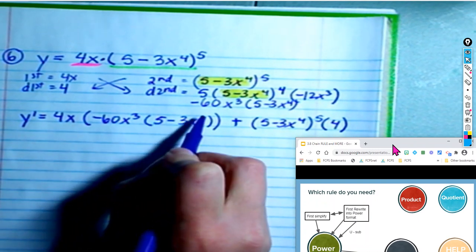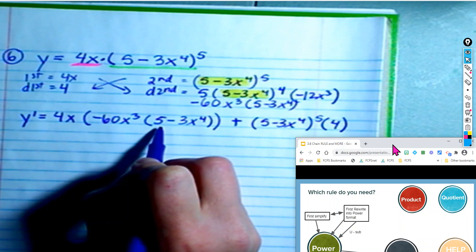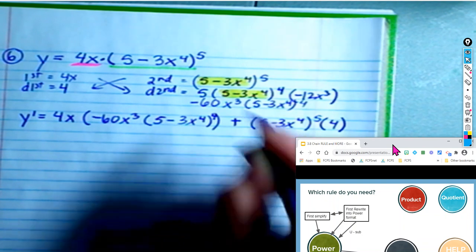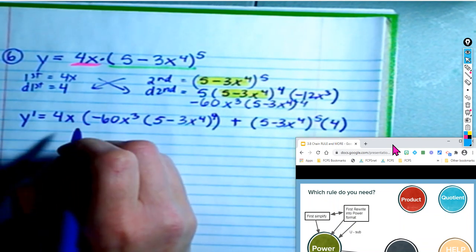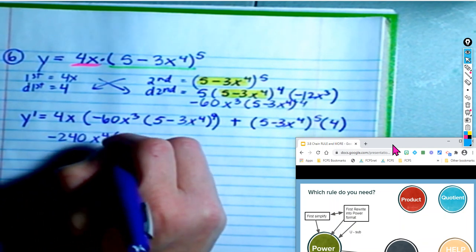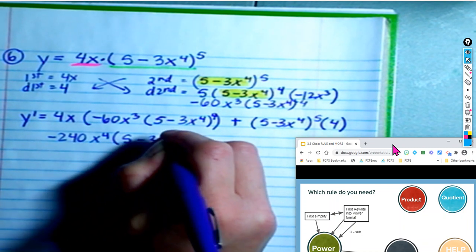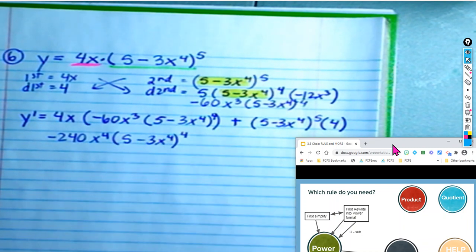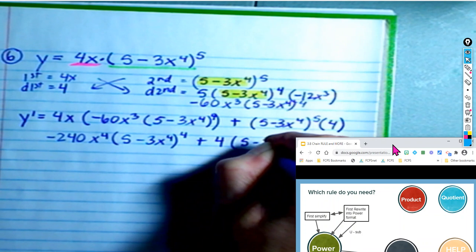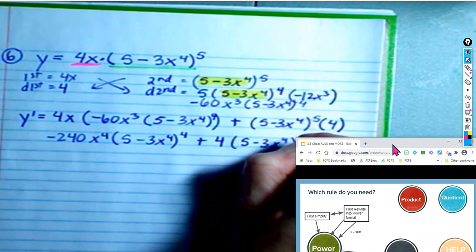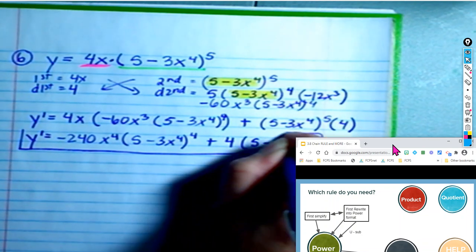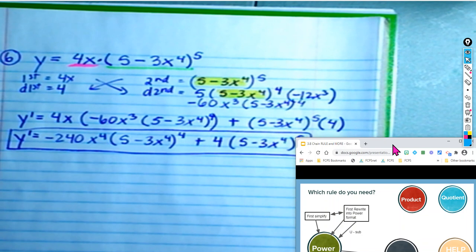So I'm going to leave these parenthesis parts alone. Oh, I forgot a power. This should be a fourth power. Okay. Negative 240x to the fourth (5 minus 3x to the fourth), okay, and then plus 4 (5 minus 3x to the fourth), okay. That's where we're going to leave our answer.